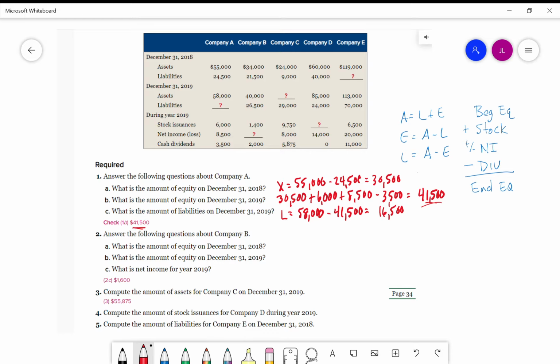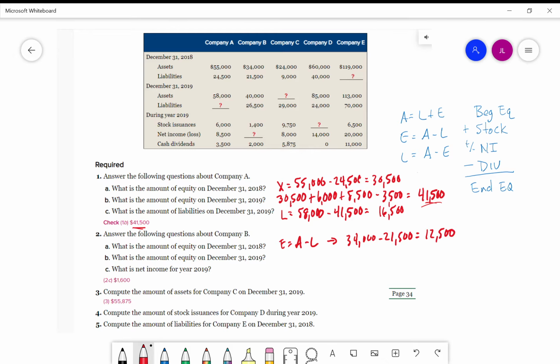All right, number 2. Answer the following questions about Company B, the second column here. What is the amount of equity on December 31st, 2018? This should be an easy one. We already know equity equals assets minus liabilities, so equity is 34,000 minus 21,500, which is 12,500.